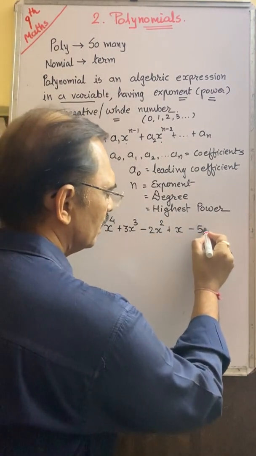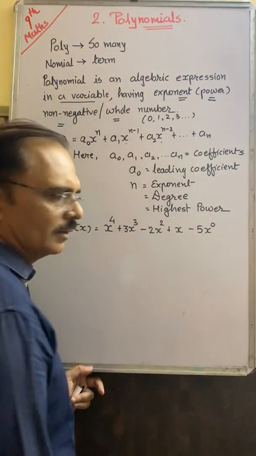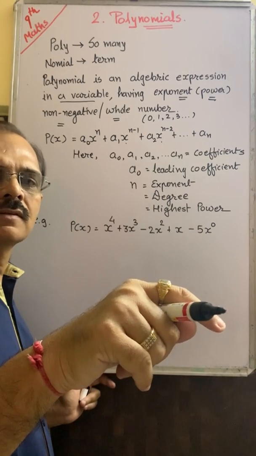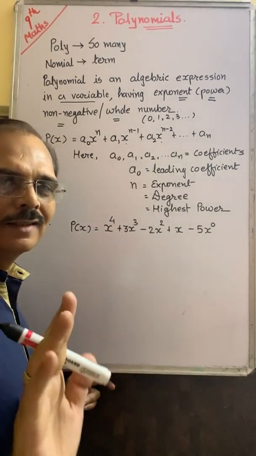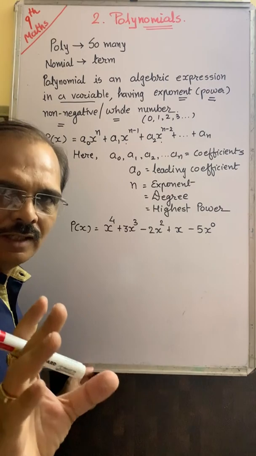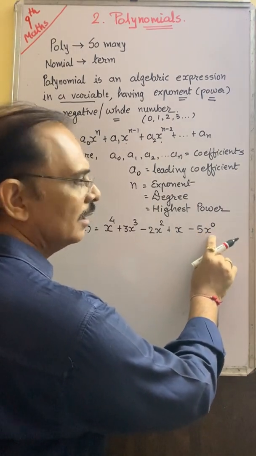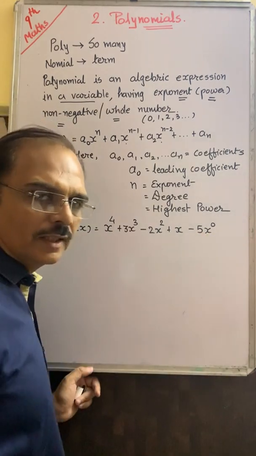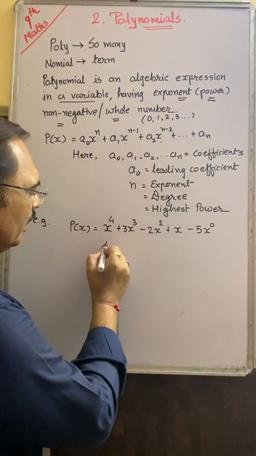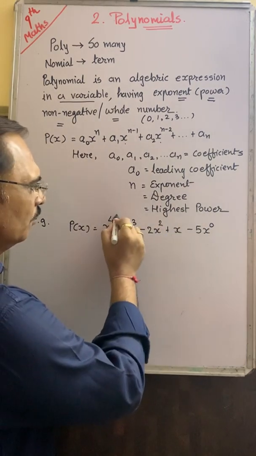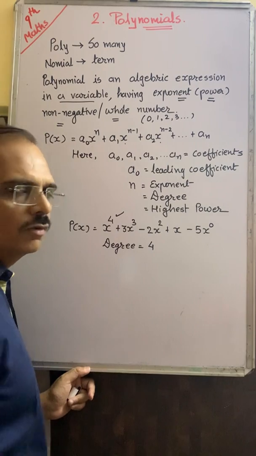Here it is written as x raised to 0 power. You know that anything raised to 0 is 1. Don't think anything raised to 0 is 0. Okay? Anything raised to 0, here x raised to 0 is 1. So 5 ones are 5. This is 5 only. So degree of this polynomial, degree means highest power. Highest power is 4. So degree is called 4.